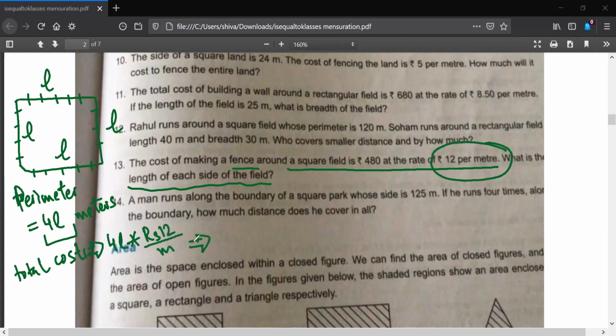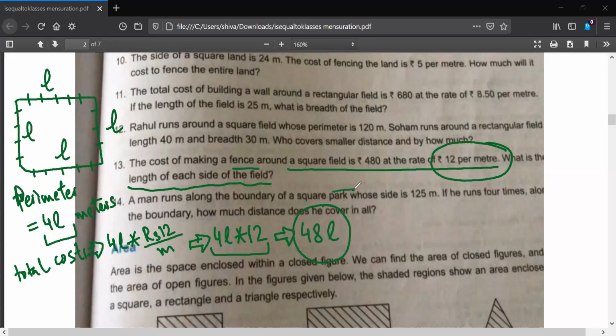Mr. Sarthak, any doubt? So 4L into 12 would be 48L. Is there any doubt regarding this? No, sir.